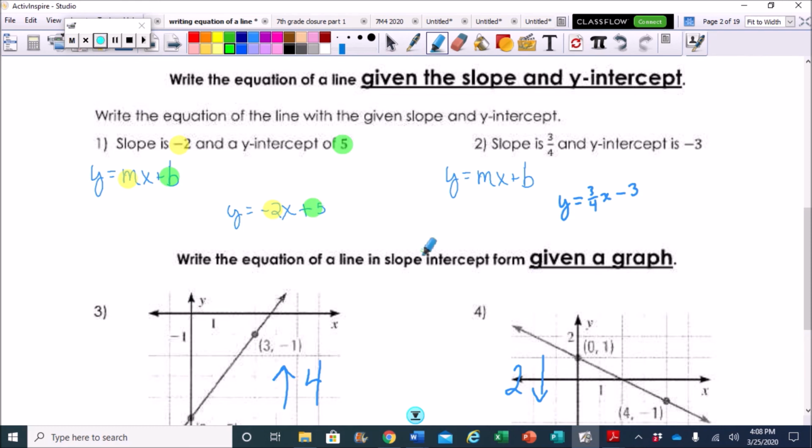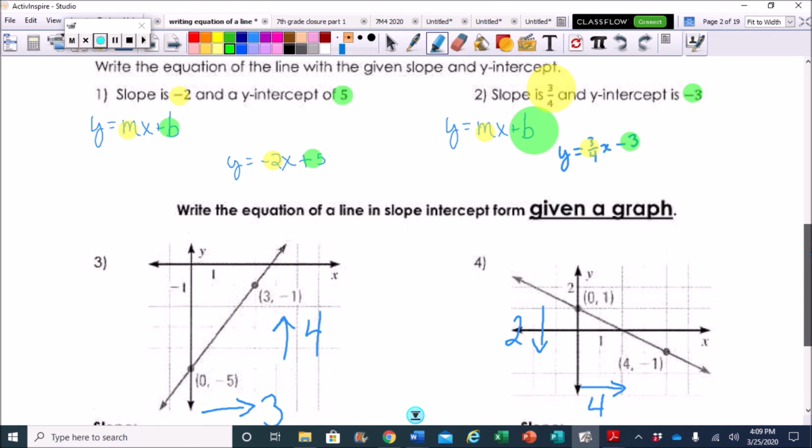So y equals -2x plus 5. The slope is 3/4, and the y-intercept is -3. So there's your m, 3/4, and -3. So y equals 3/4 x minus 3.